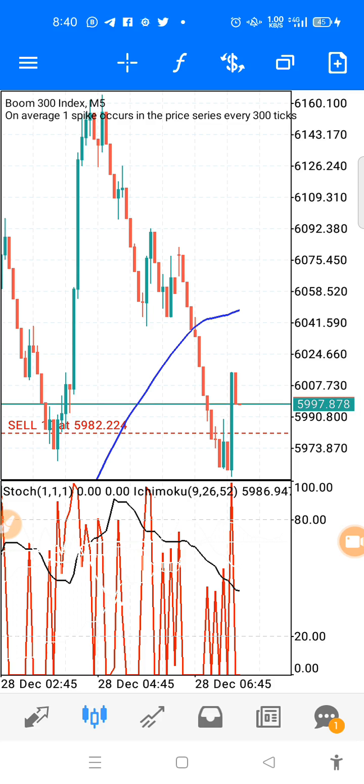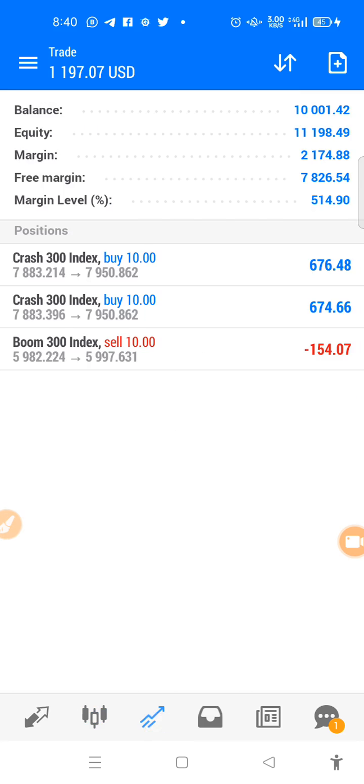Then continue like that. Before you know it, if you're taking 3 to 5 ticks, if you take 20 trades per day and you minimize risk, for a $10 account on Crash 300, you don't trade the 0.1, you trade the 0.05, because it has a 0.05.